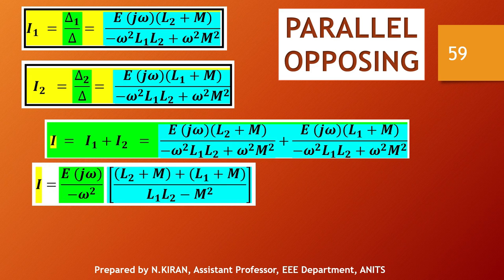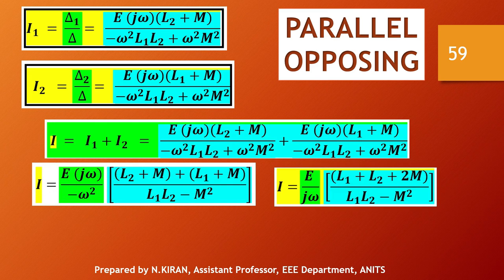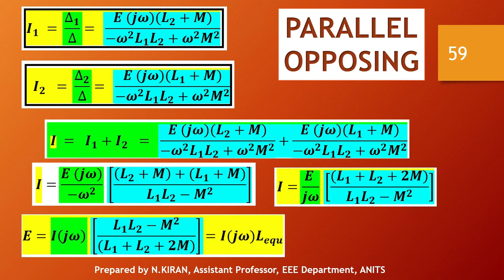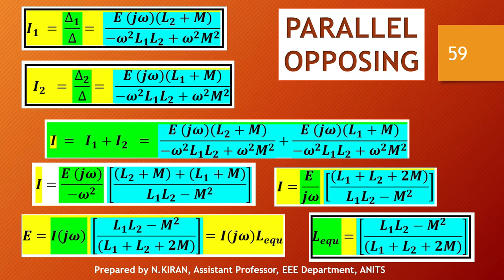From that, the ratio of E by I will give me the total equivalent inductance. In this case it will be L1 L2 minus M square divided by L1 plus L2 plus 2M.